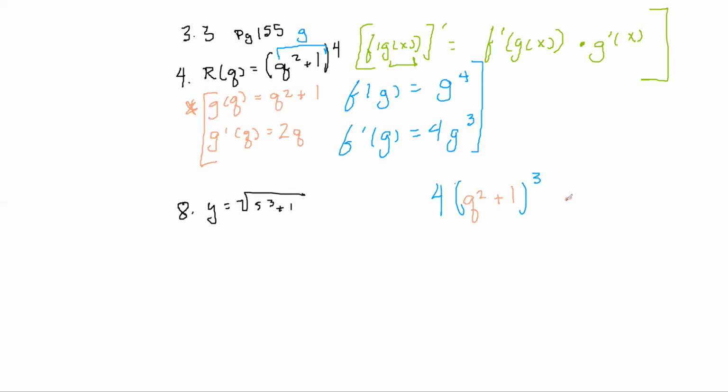And this is all going to be times g prime, which is 2q. So my final answer is just going to be this whole thing multiplied together. So that's going to be 8q times q squared plus 1 to the 3rd. Does that make sense, how this whole process went down?